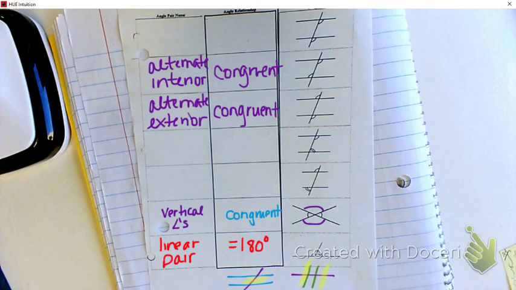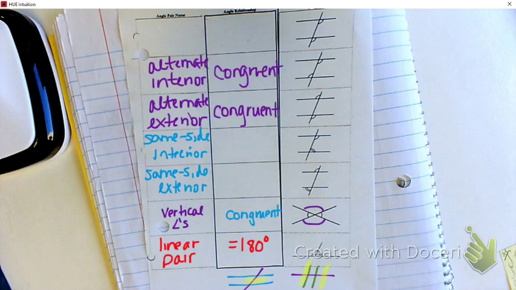They're on the same side of the transversal, but they're outside the parallel lines. Okay? So same side interior. Same side exterior.